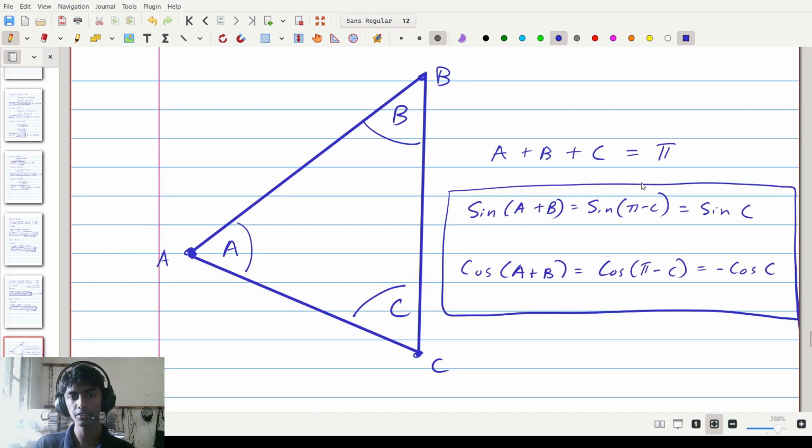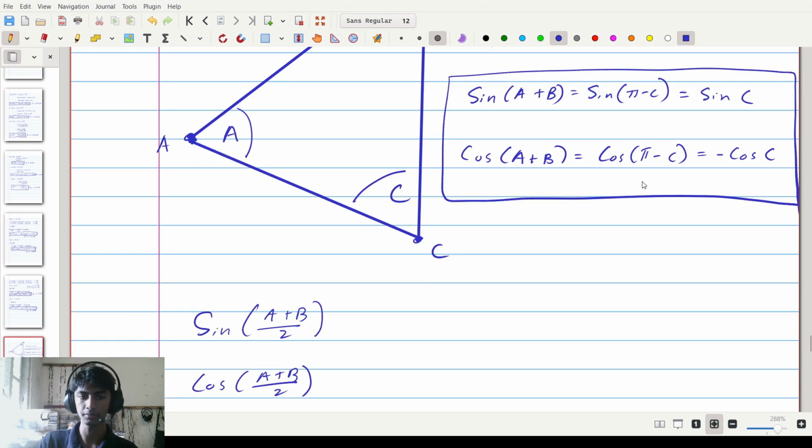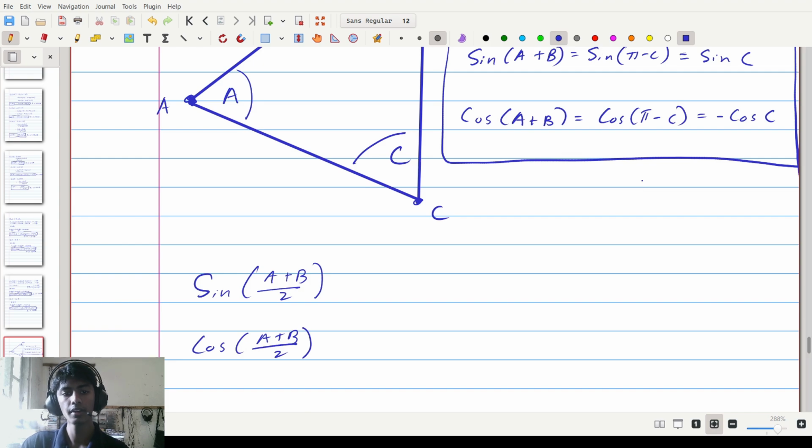So here we can see, since the sum of all three angles is equal to pi, the sum of any two angles is pi minus third angle. So then we can write this as the sine of pi minus C divided by 2, because A plus B is equal to pi minus C. Similarly, the cosine can be written as the cosine of pi minus C divided by 2.